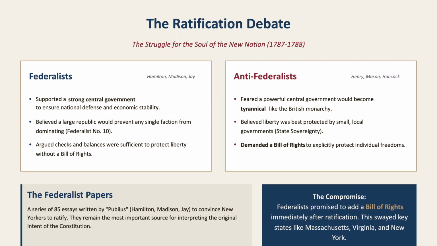So they had a debate, and the Federalists ultimately won, but they won by promising to add a Bill of Rights to the very first articles in the Constitution. So the first 10 articles of the Constitution is called the Bill of Rights. And this was very crucial to ratifying the Constitution itself.